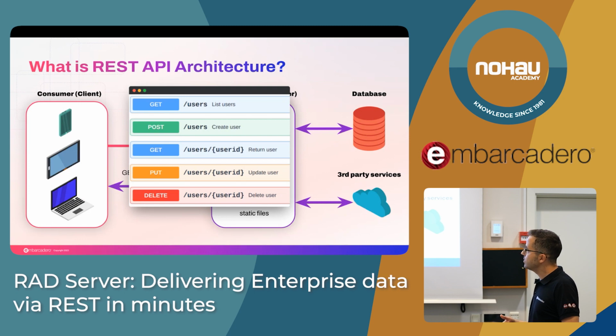If we send a post request with a user in the body in a JSON format, we're telling the server, hey, I want to create a user. Same, if I want to get one specific user, I send a request saying /users/ and the user ID. Could be 1,000, whatever the ID is. So we're getting that specific user.